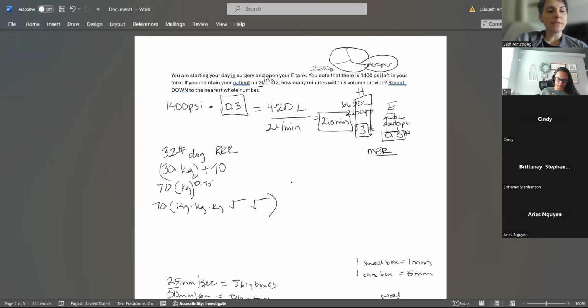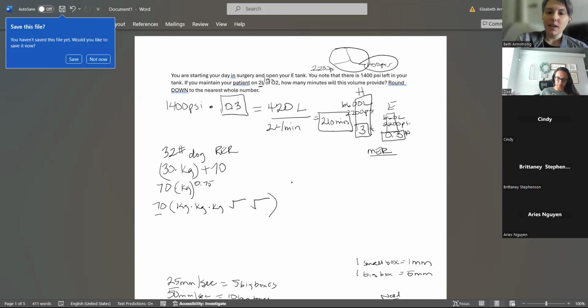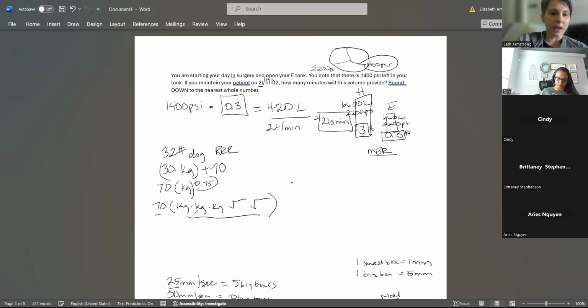So if you're trying to figure out that answer, we just take kilograms times kilograms times kilograms, and then press the square root button twice on it. And then after that, you're going to multiply by 70. Okay. This part makes up for this part right here. So, like let's just say we're 10 kilograms. So it'd be 10 times 10 times 10, square root twice, times 70. Correct.